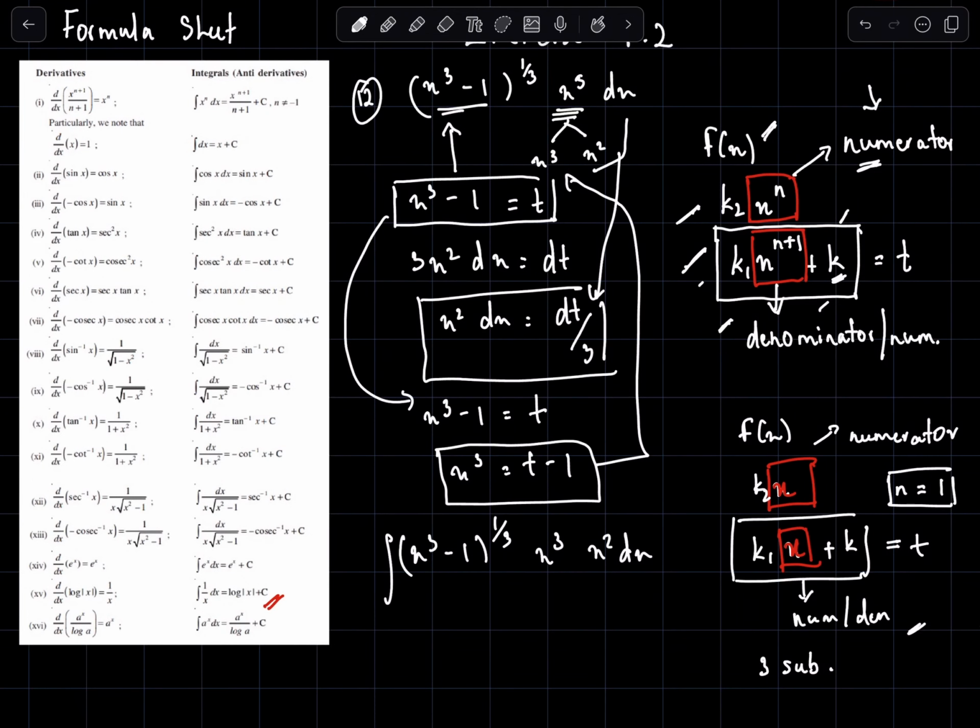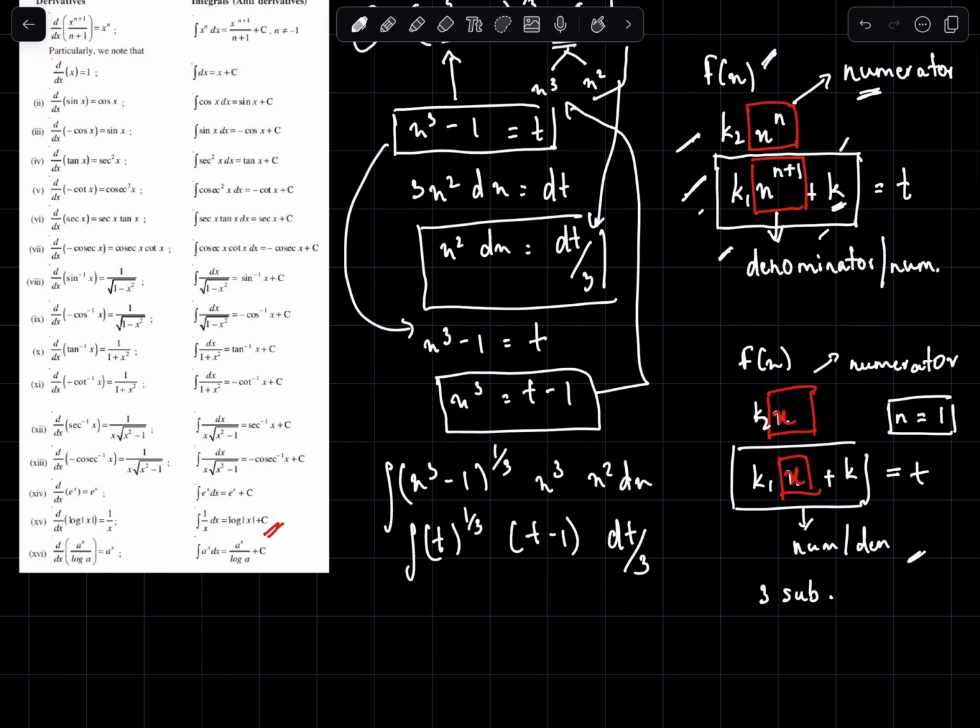So x cubed minus 1 is t, so integral of t raised to the power 1 by 3. Now x cubed is what? t minus 1, times t minus 1. x squared dx is dt over 3, right? Just substitute all the highlighted ones in the box. Simple as that, right? This, this, and this, those are the substitution values.